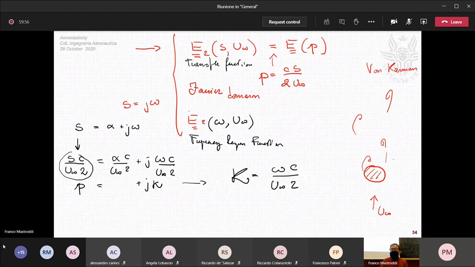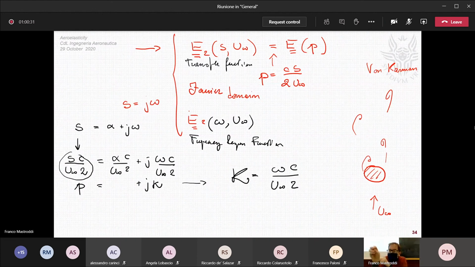Nobody? Okay. For this problem, you have an alternate shedding of vortex, and so you have an intrinsic frequency in the flow. This frequency is related to the velocity. If you increase the velocity of the flow, the frequency of the vortex exchange increases, but the ratio between the velocity and the frequency stays the same.